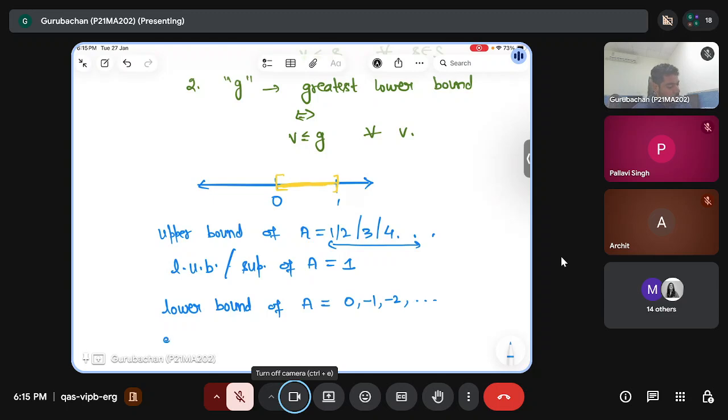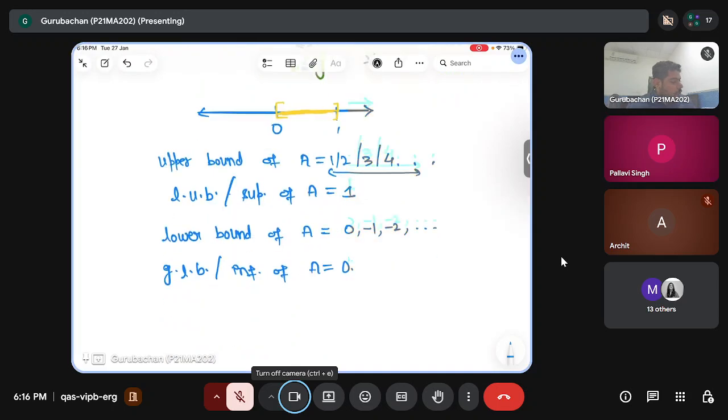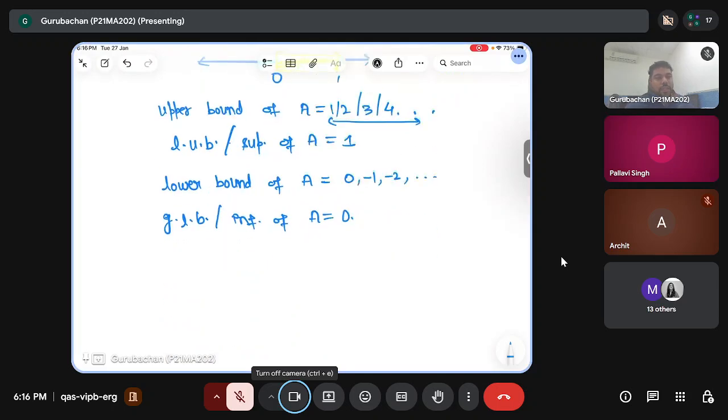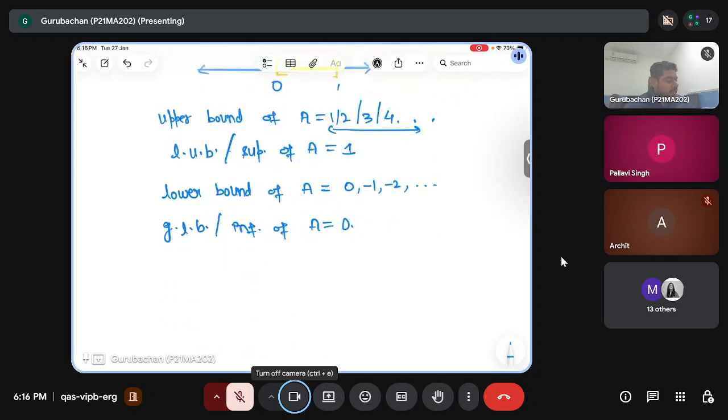So then the greatest lower bound, or you can say infimum of A, will be which number is the greatest out of these? 0, -1, -2, -3. The greatest one will be 0. So here you are able to easily decide that your infimum is 0 and your supremum is 1.